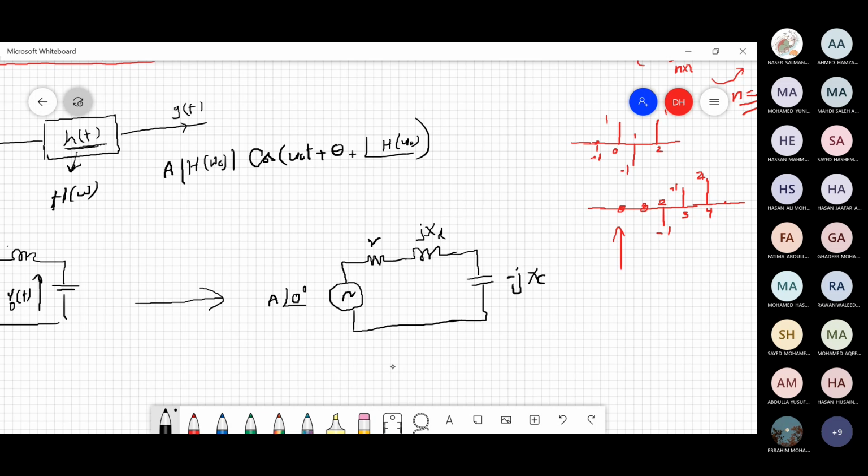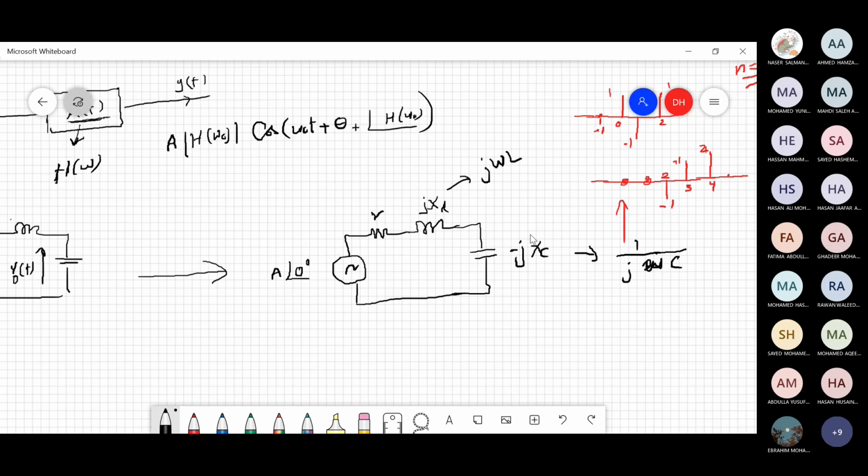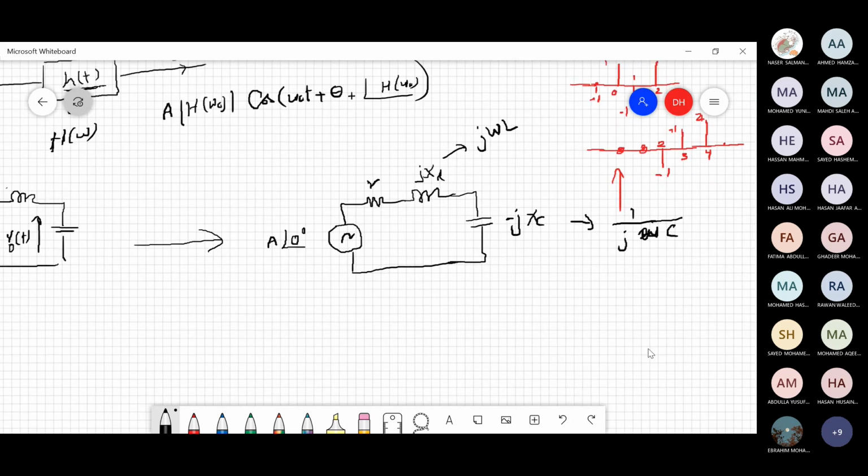Okay, so this one is j omega L, and this one is 1 over j omega C, where XC is 1 over omega C. And 1 over j is equal to minus j, and 1 over omega C is equal to XC. Okay, so now here we work with omega.